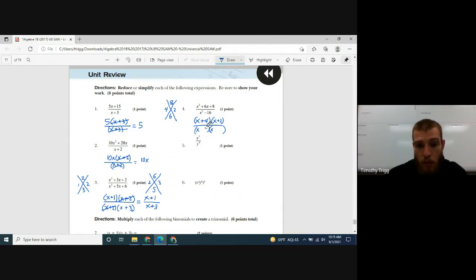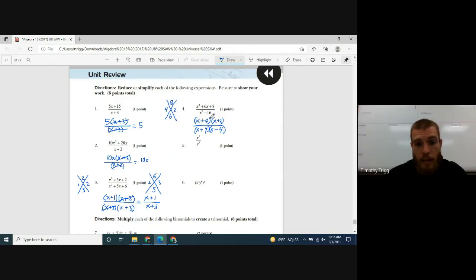Well, that's 4, right? 4 times 4 is 16. And one of these gets a plus, and one of these gets a minus. All right, so that's how you factor this sort of thing. We call that a difference of two squares. So if this is a perfect square, and this is a perfect square, and there's a difference, or a minus, then you can factor it in this way.